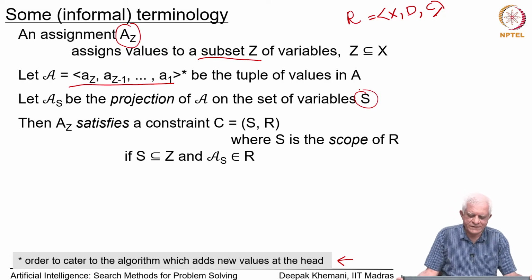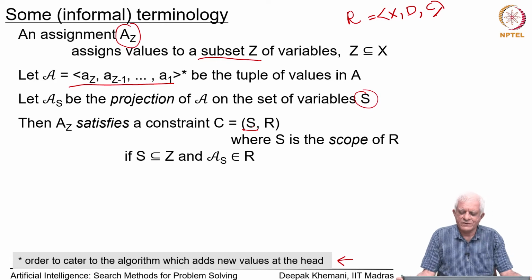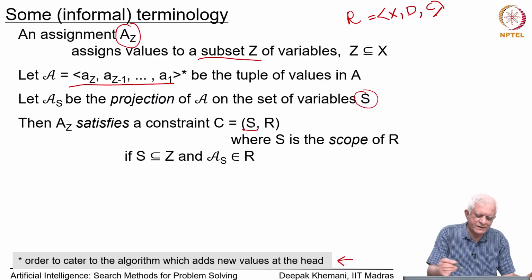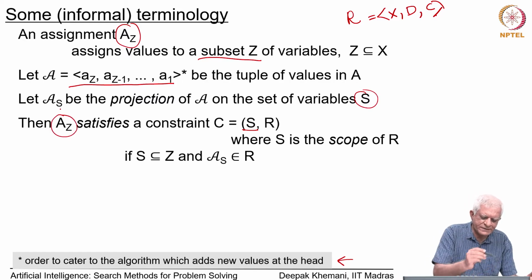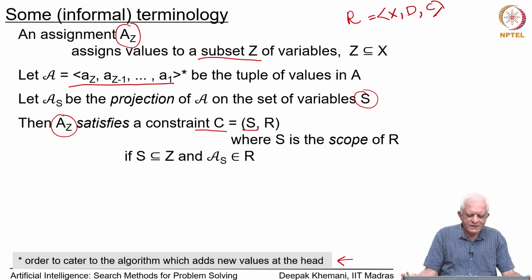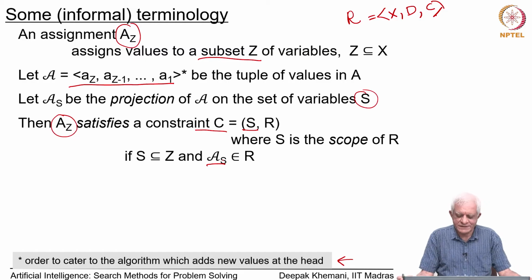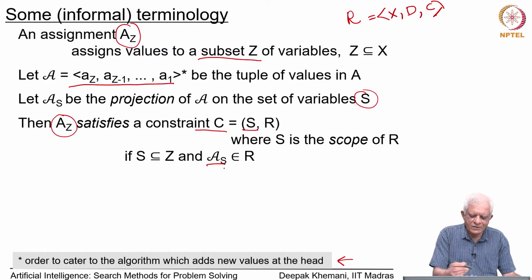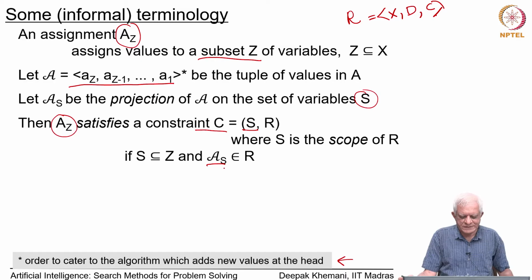The set S that we are interested in is where we have a constraint which has a scope S and a relation R. So, the scope tells you which variables the relation is on. We say that this assignment AZ satisfies a constraint C if we take the projection of the assignment on the variables S and it belongs to the relation R that we are talking about essentially.